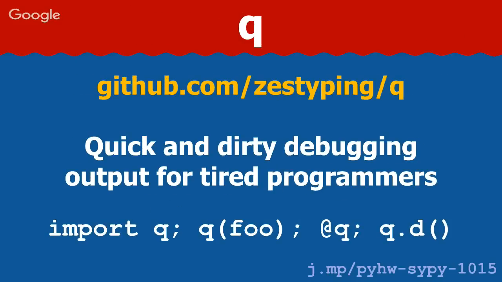The next thing, I didn't create this, but I help maintain it now. It's a package called Q. It's basically quick and dirty debugging for tired programmers. It's like doing printfs, except your printfs go to a file, and you can printf pretty much anything. It's also a great example of what you shouldn't do in Python, because you can import a module and then use the module on something to print something, or use the module as a decorator.